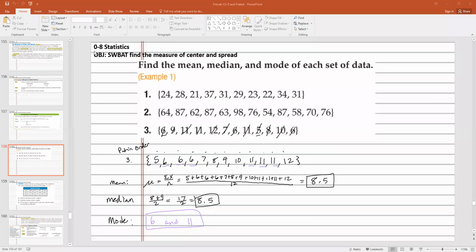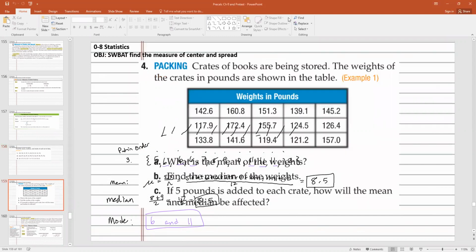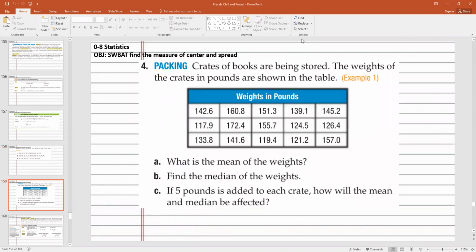So feel free to try numbers 1 and 2. We won't spend too much time on that one though. Again, same thing that you would do for this word problem.